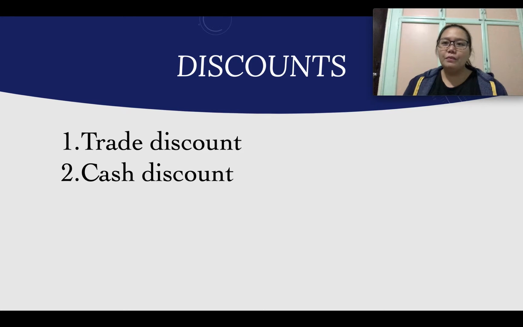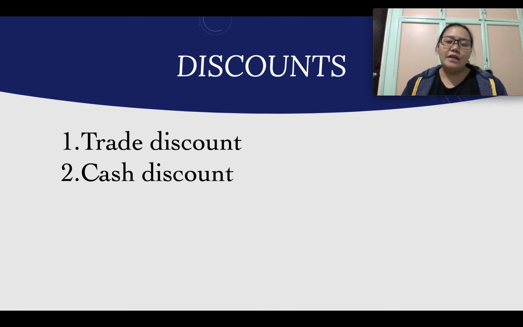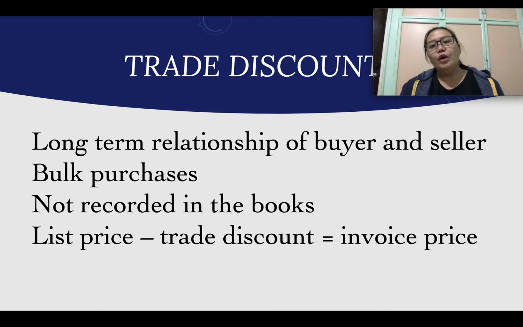Okay? So before we continue, let us discuss discounts. Discounts, of course, are reductions in the selling price. There are two types of discounts. We have the trade discounts and the cash discount. So what is the difference between the two? Trade discounts are given to our customers, or given to us if we are the customer, because of the long-term relationship of the buyer and the seller.